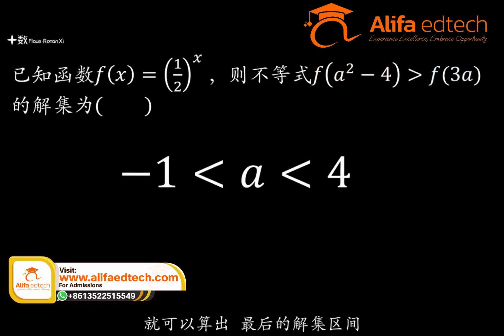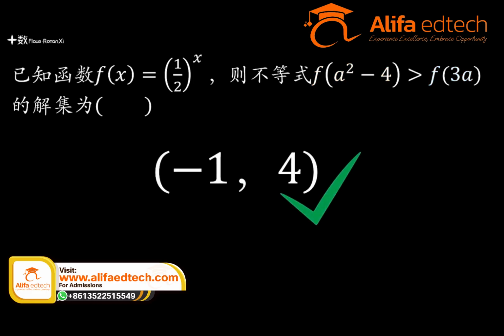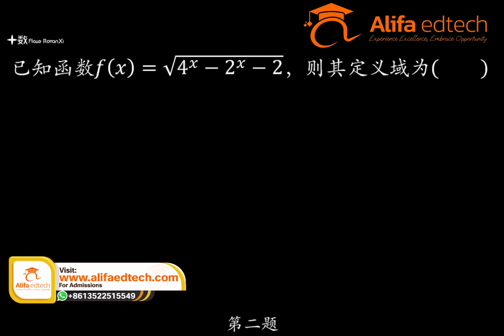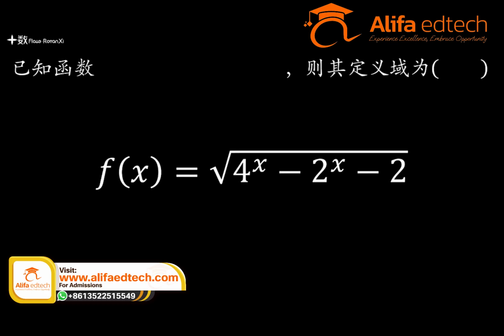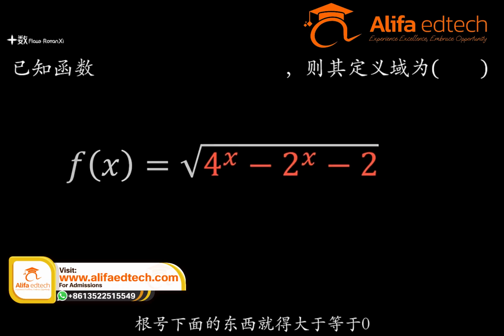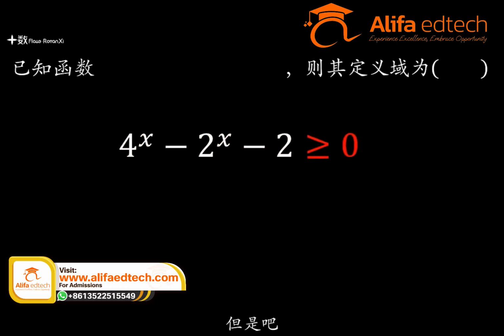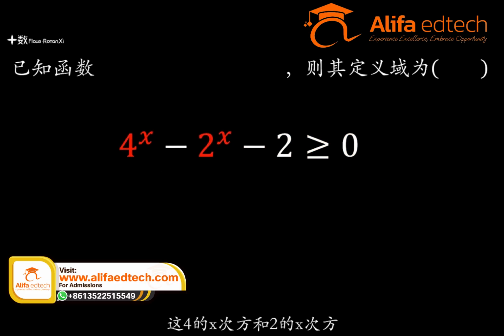Second question, given function f(x) equals the square root of 4^x plus 2^(x+2) minus 12, find the domain for this function to be defined. What's under the square root must be greater than or equal to 0. But how should we handle 4^x and 2^x? Think about it.